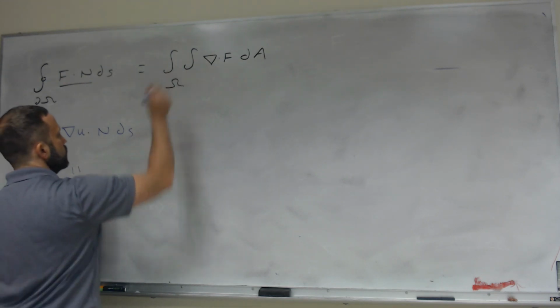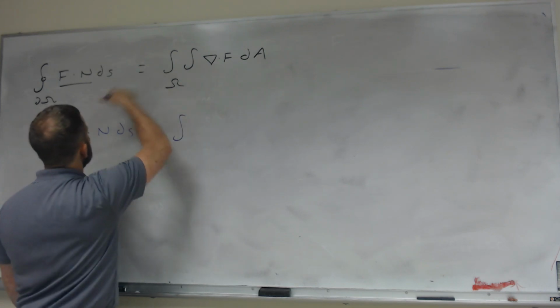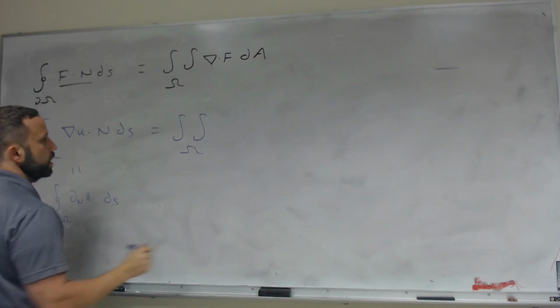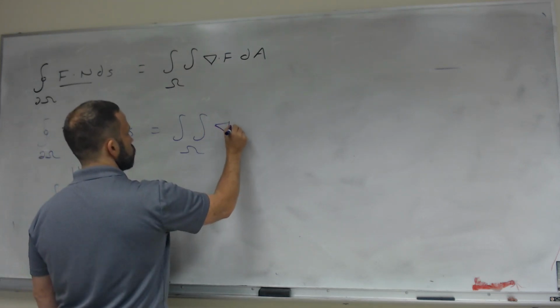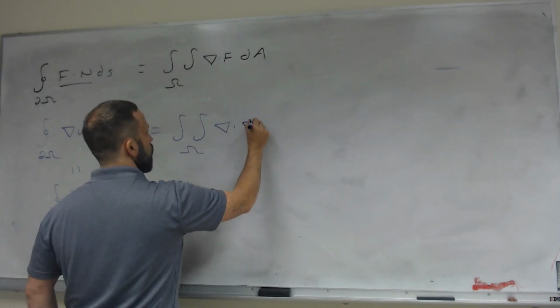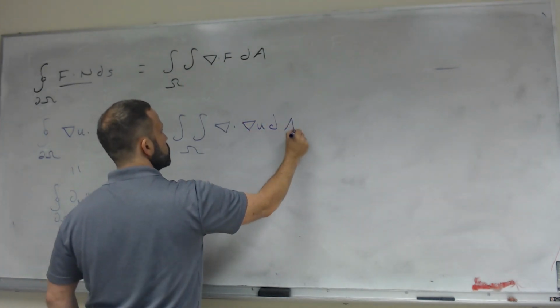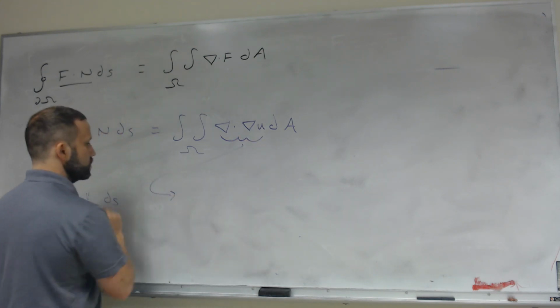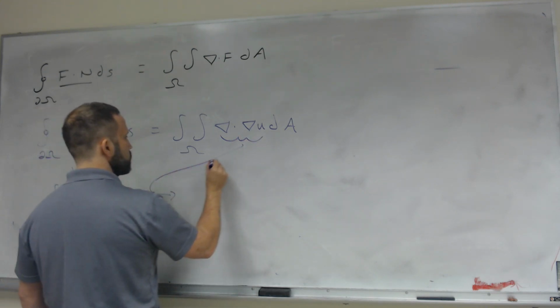Then if I apply this theorem, Green's theorem, or the divergence theorem here, I guess is what this is called, this is going to be the integral over omega, gradient dotted, now f is the gradient of u, dotted with the gradient of u dA. So let's think a little bit about what this is. So the gradient dotted with the gradient.